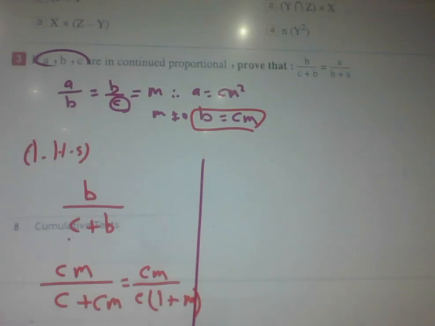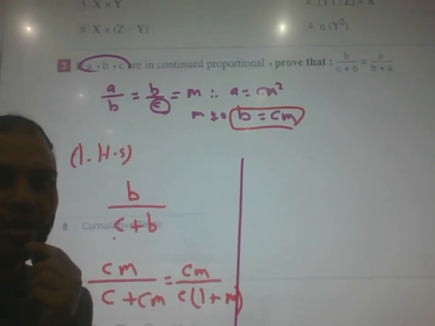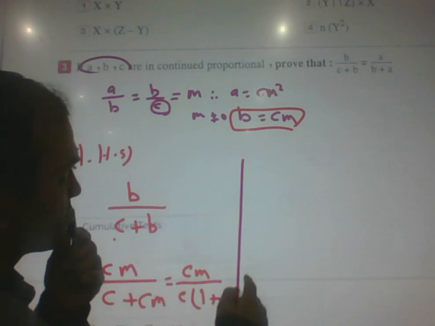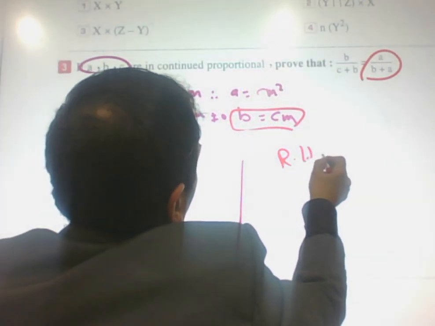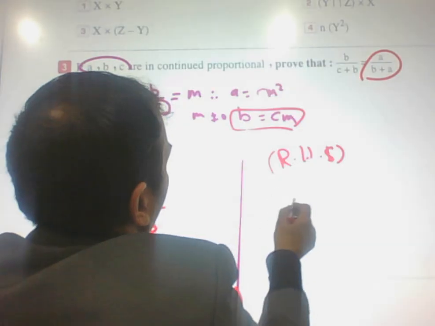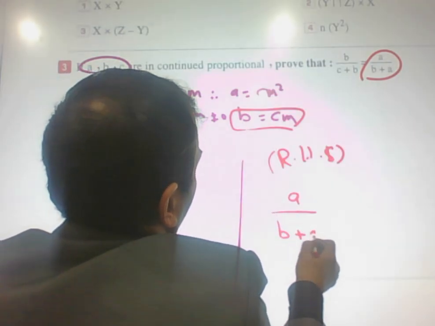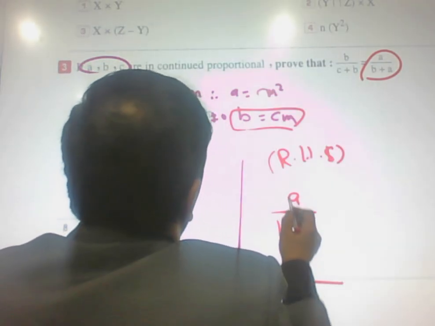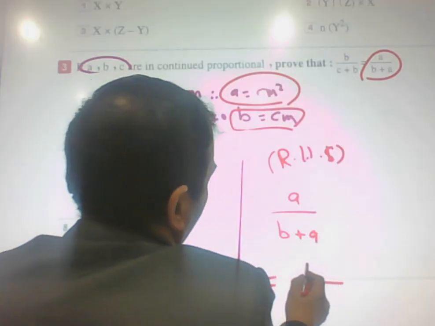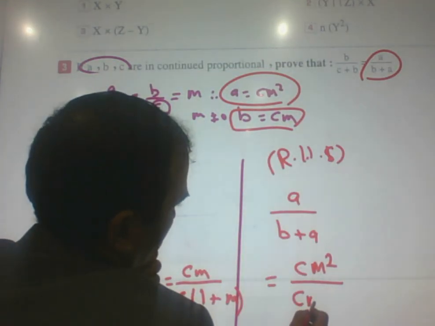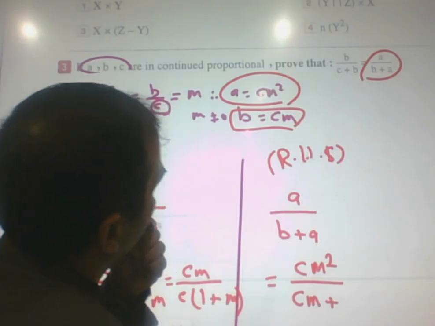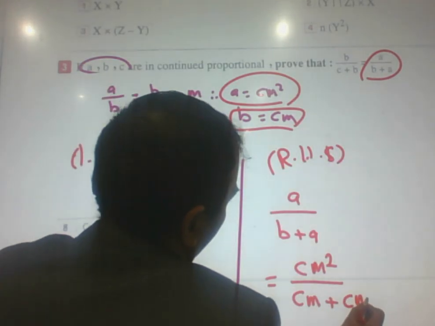And what about the right hand side? The right hand side is A over B plus A. The value of A equals Cm squared, and B was Cm, plus A was Cm squared.